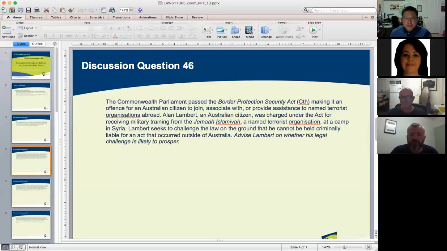Alan Lambert, an Australian citizen, was charged under the Act for receiving military training from the Jemaah Islamiyah, a named terrorist organization, at a camp in Syria. Lambert seeks to challenge the law on the ground that he cannot be held criminally liable for an act that occurred outside of Australia. Interesting. Advise Lambert on whether his legal challenge is likely to prosper.